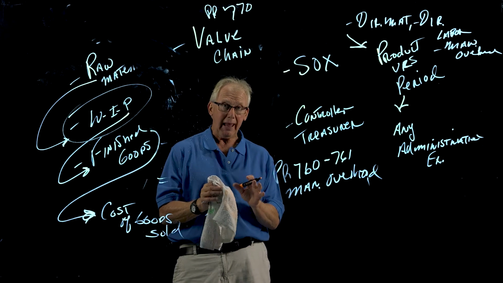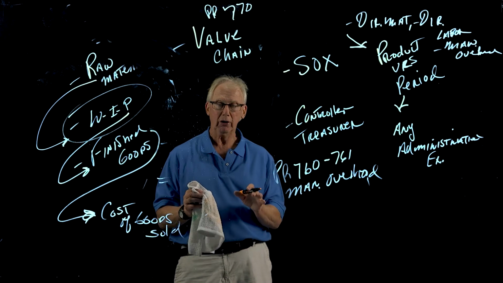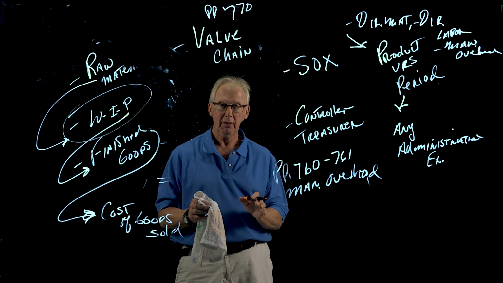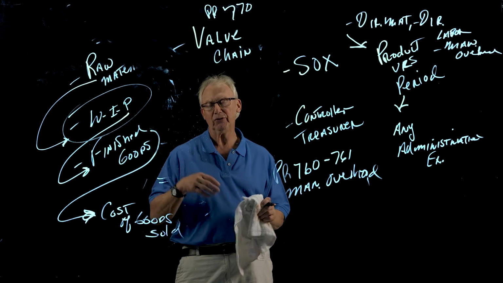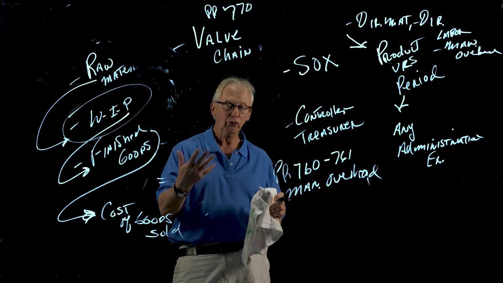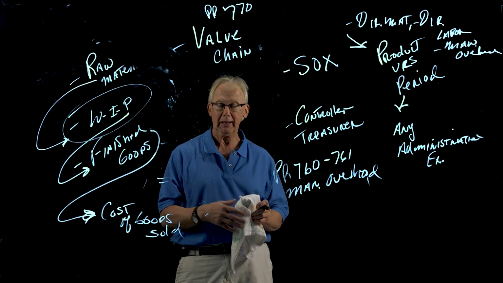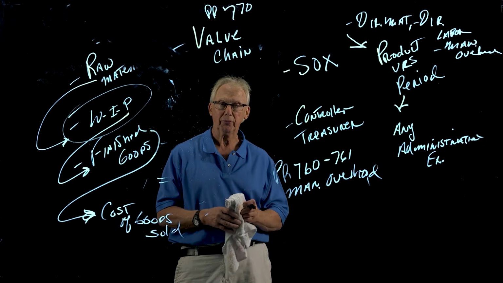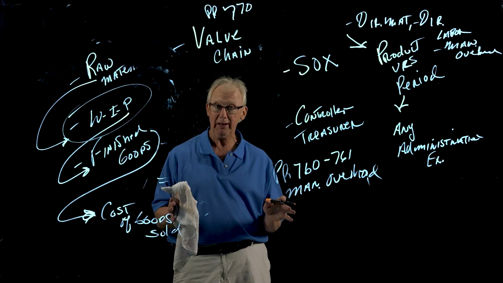All the costs except for the production costs, all the rest of those costs are period costs. The production cost is the only product cost. So you have other costs like delivery and research and development and customer service and marketing. Those are all period costs, okay? But I want you to know those, I want you to know the value chain.